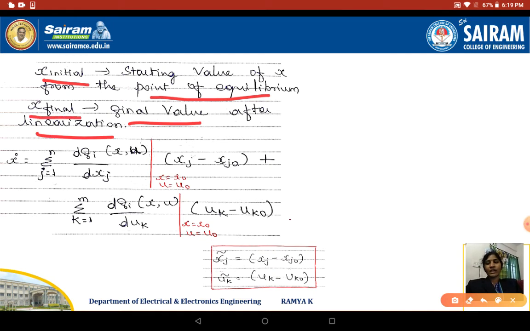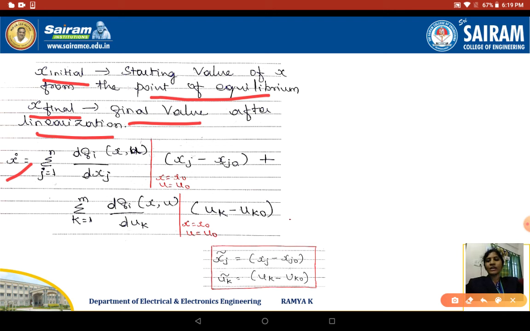Then we can write the state equation x dot equal to the summation from j equals 1 to n, because we don't know how many state variables and input variables there are. Here the state variable is represented with x, from 1 to n, input from 1 to m, output from 1 to p, as we discussed earlier.